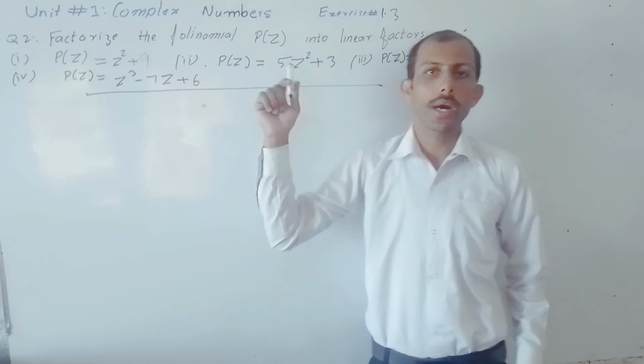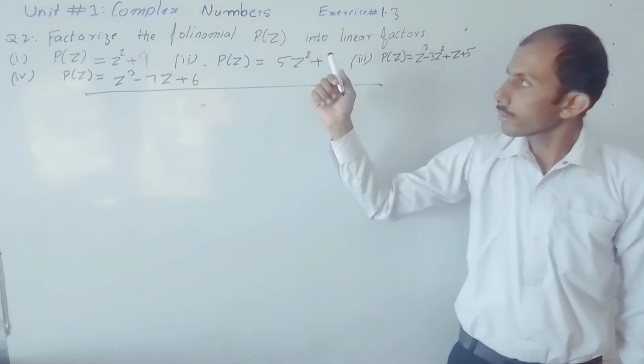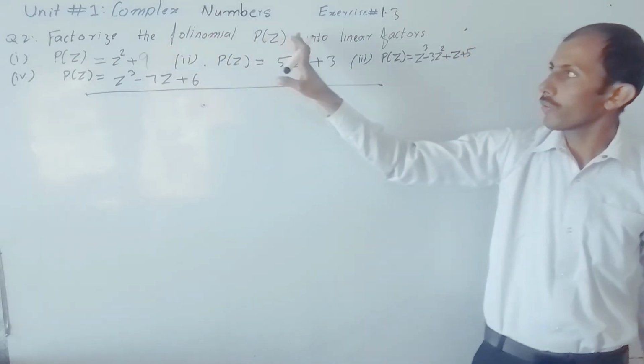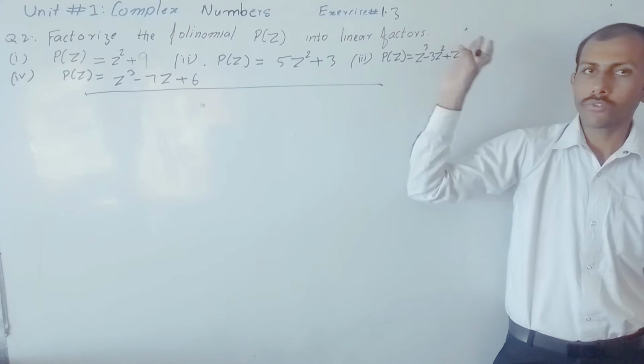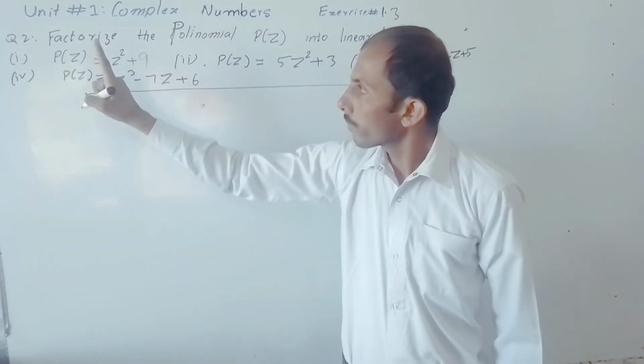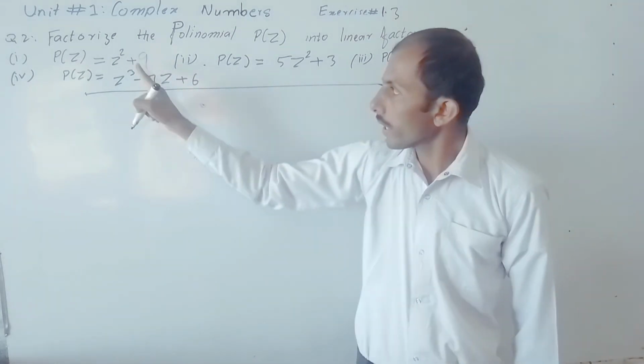Question number 2, part number 1. Factorize the following. Factorize the polynomial p of z into linear factors. Part number 1, p of z is equal to z square plus 9.